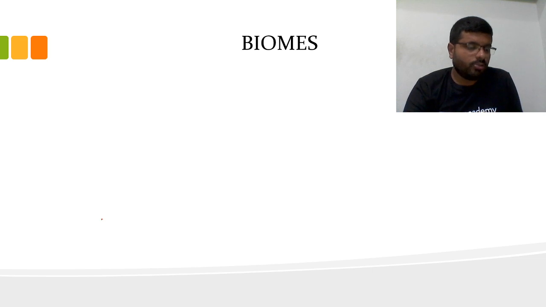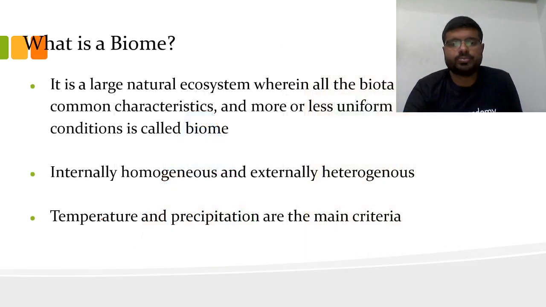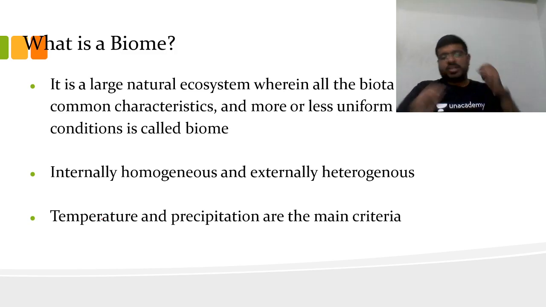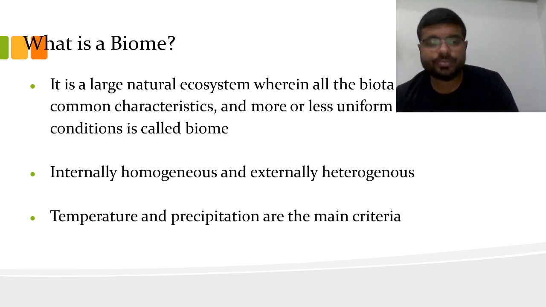Let's start. We'll deal today with the tropical evergreen forest biome, which will help you in clearing the topic's understanding. So what is a biome? Before discussing the concepts, please understand.